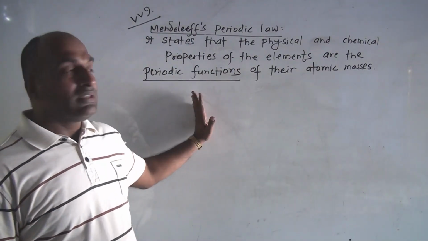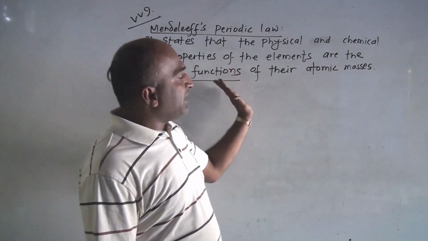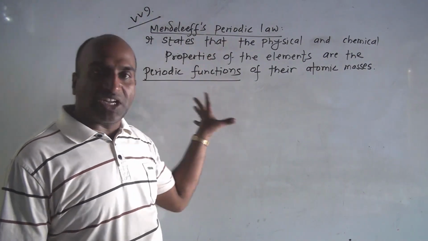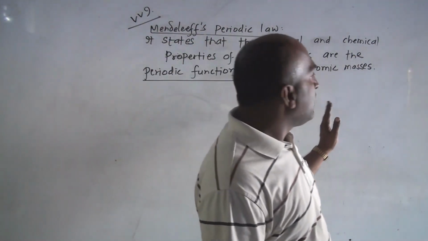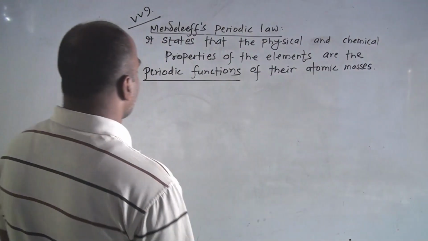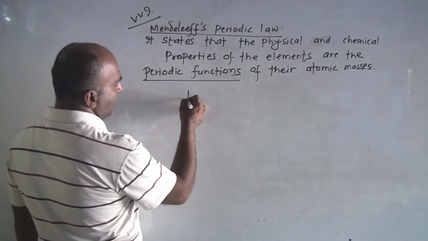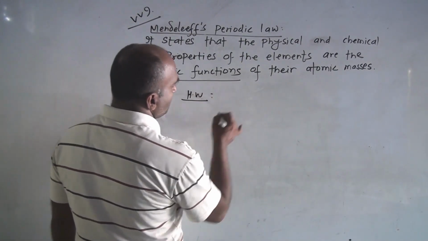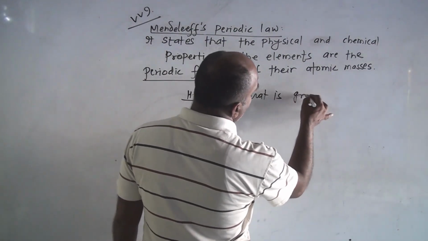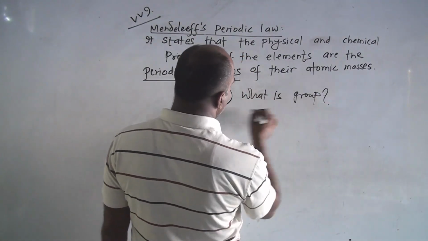Dear students, in the next stage, I will teach you in detail about Mendeleev's periodic table. Today, some homework is given to you to do in your copy for the next day. Homework: What is a group?